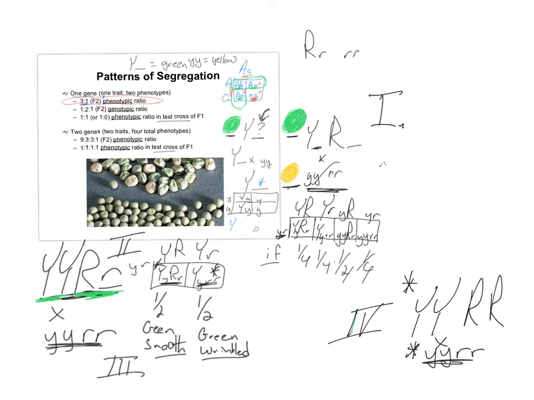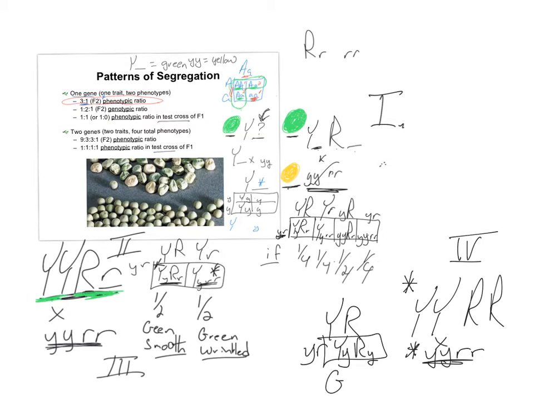So then we would have big Y, big R. This is the only gamete it could give, crossed with little y, little r. Only one box it could be, big Y, little y, big R, little r. So they're going to be 100% green and smooth.